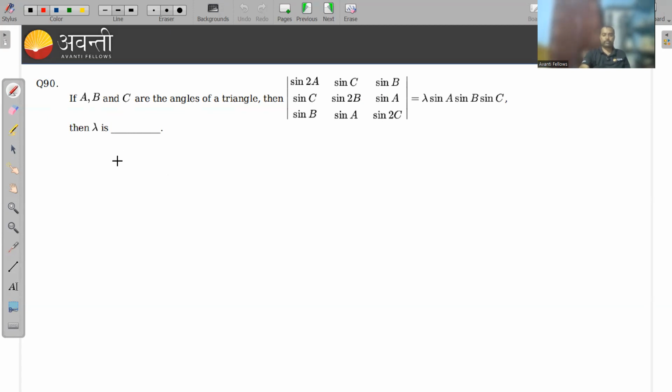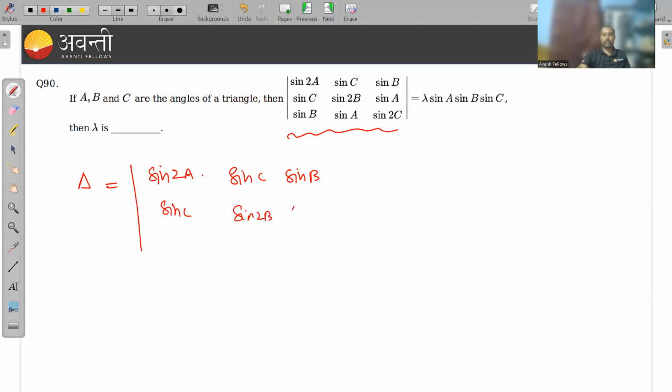So suppose I am taking this determinant as lambda. So lambda is equal to the determinant with rows: sine 2A, sine C, sine B; sine C, sine 2B, sine A; sine B, sine A, sine 2C.